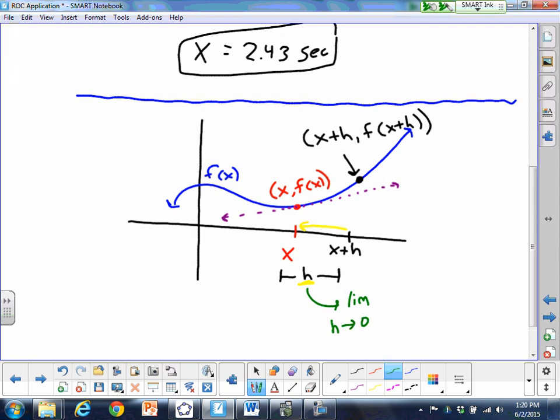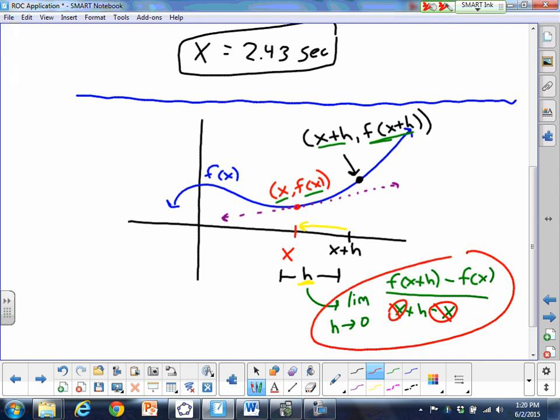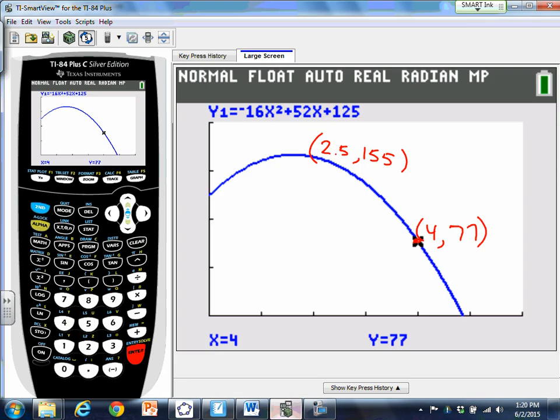And the rest of it is just the slope equation: the second y minus the first y, over the second x minus the first x. Of course, the way we write it, this and this cancel out, so it's really just an h in the bottom. And there's your definition of a derivative, real briefly. So hopefully that helped, and that is that.